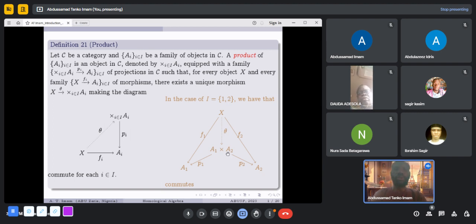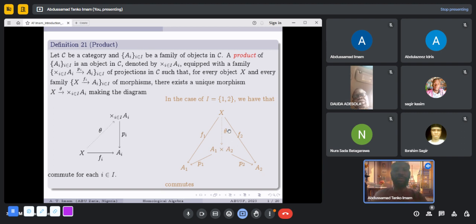So the product of two sets A1 and A2 is a new set which we denote by A1 cross A2, A1 times A2, with projection P1 into A1 and P2 into A2, such that given any two mappings from any other category X into A1, F1, and into A2, F2, there is always a unique map from X to this product, making this diagram commutative.